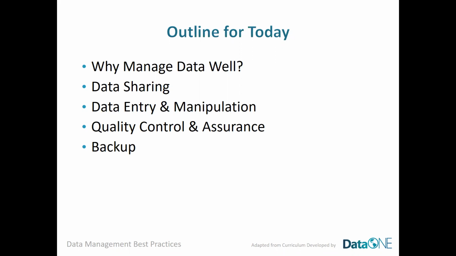And then I'm going to talk about backup and preservation of research data, and some rules of thumb that I like to talk about there, and why that's so important. And then Joy is going to step in and talk some about metadata and why it is so important to research data. And then we'll finish up with some data citation best practices.